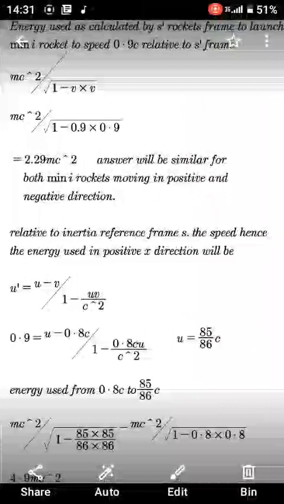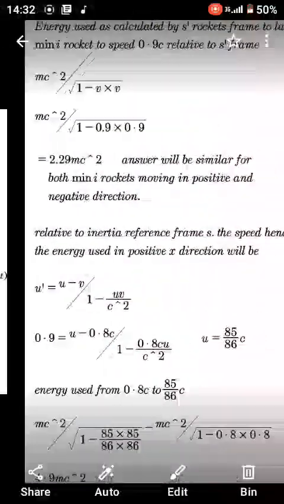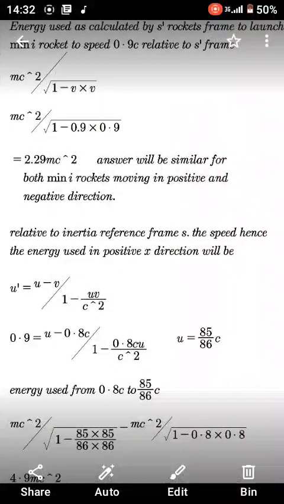Then we'll now calculate the energy according to an observer in the S inertial reference frame. That is, an observer who measures the speed of the main rocket as 0.8c. So according to that observer, a speed of 0.9c along the positive x direction will be 85/86 c.